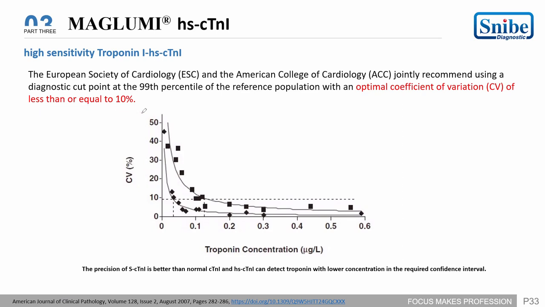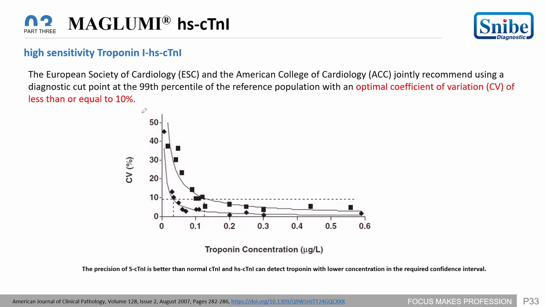So this is the criteria. If any troponin, either T or I, meets this criteria of the European Society of Cardiology or American College of Cardiology, it is called high sensitive troponin.